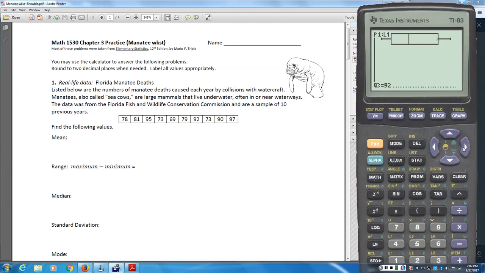If you go right arrow, you go to the third quartile. Half of the manatee deaths is between 73 and 92. So 50% of the data they collected was between 73 deaths and 92 deaths. And then the maximum number of deaths in any one year was 97.